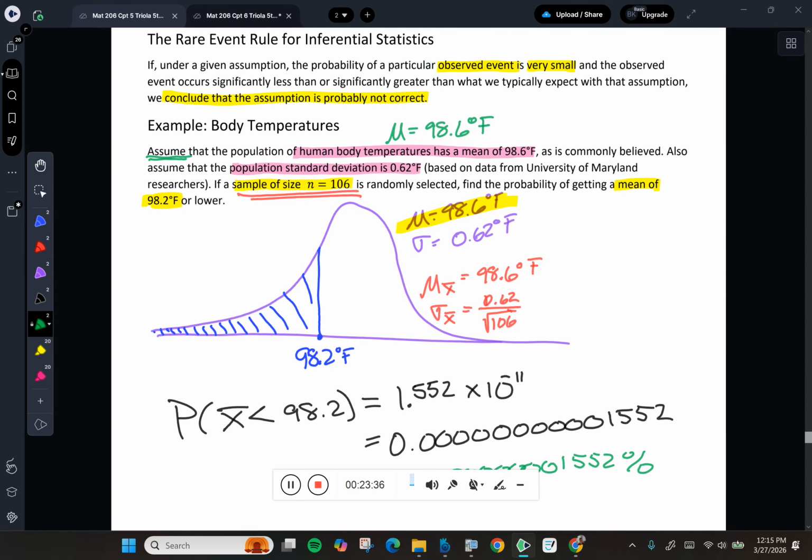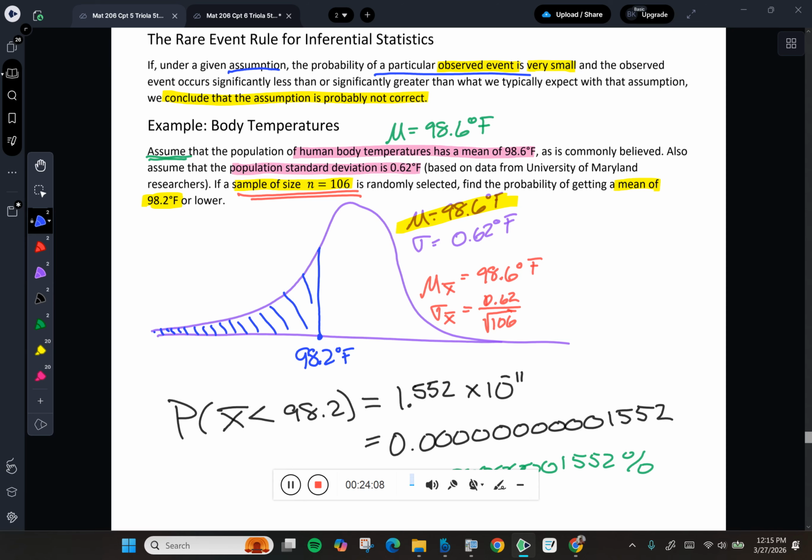So let's go back and start over. Someone is going to make an observation or an assumption or a claim about some particular thing. In this case, body temperature. We're going to gather data to test that assumption, that claim. We're going to find the probability of our result or more extreme occurring.